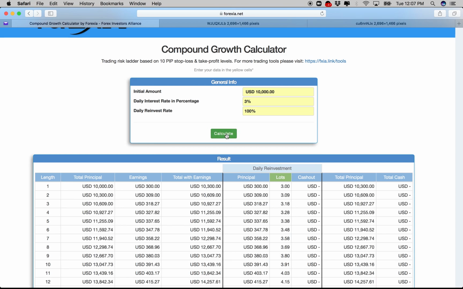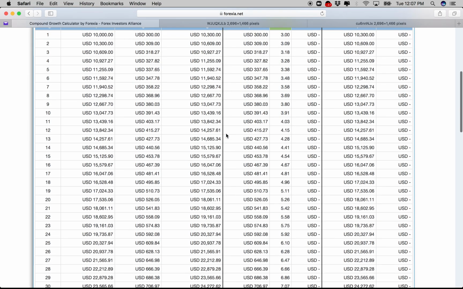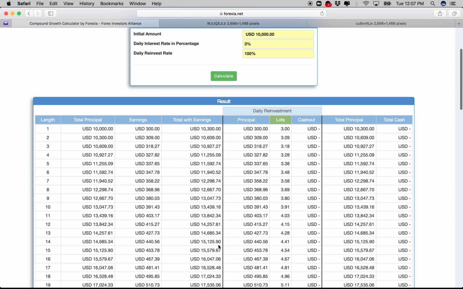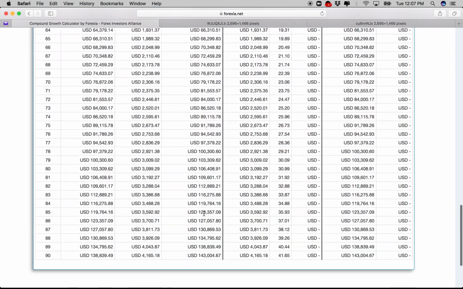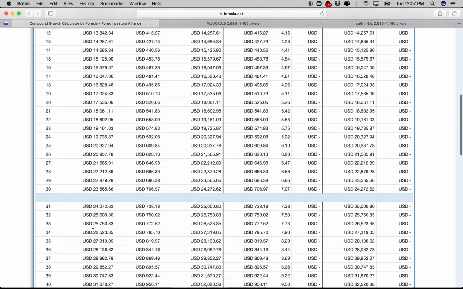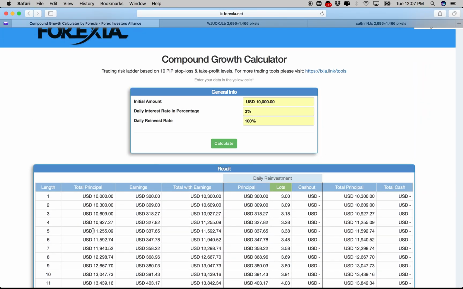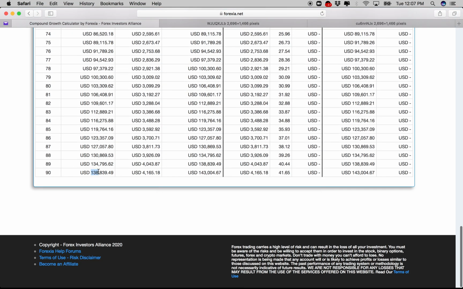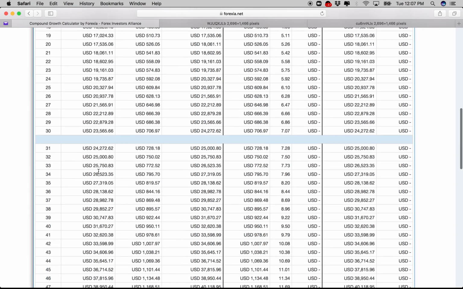Let's calculate and see what happens. All right, we can see that the chart has calculated automatically 90 trades worth of data, basically. Compounding the $10,000 in 90 trades to $138,000+.